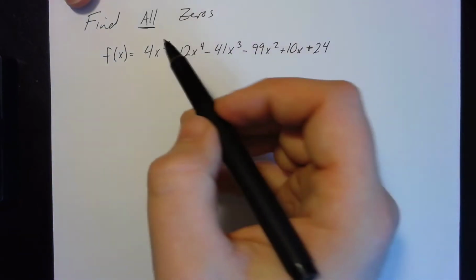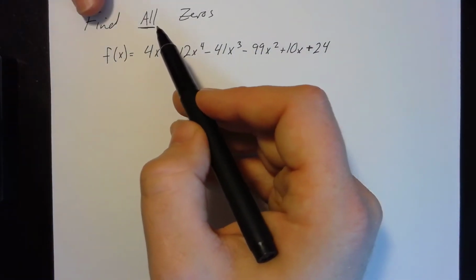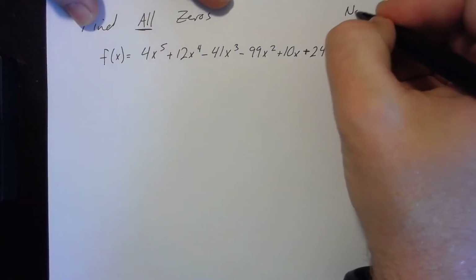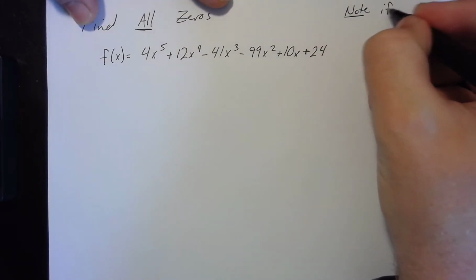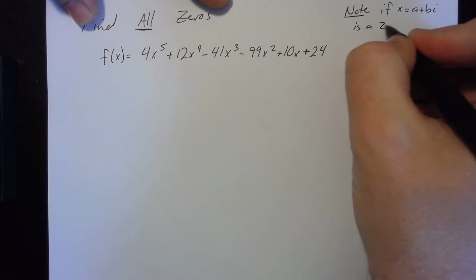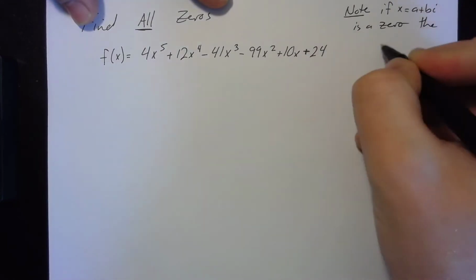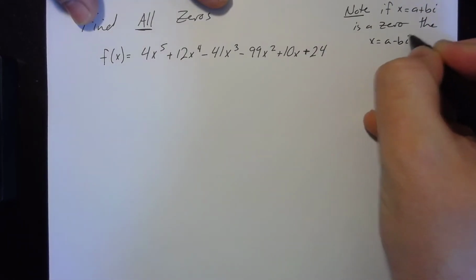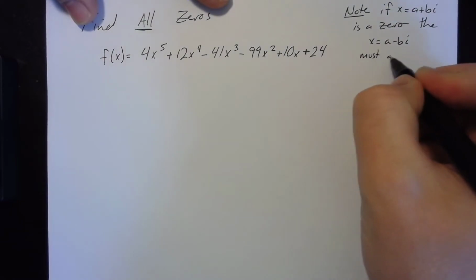So that means that this could imply that there are imaginary zeros. Now, one note about imaginary zeros. If x equals a plus bi is a zero, then x equaling a minus bi must also be a zero.